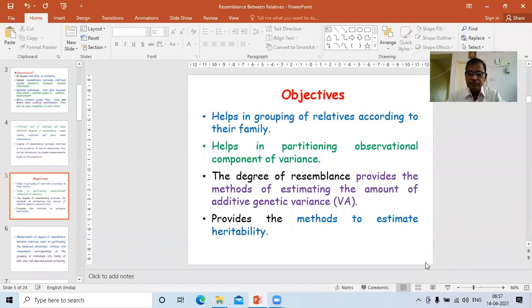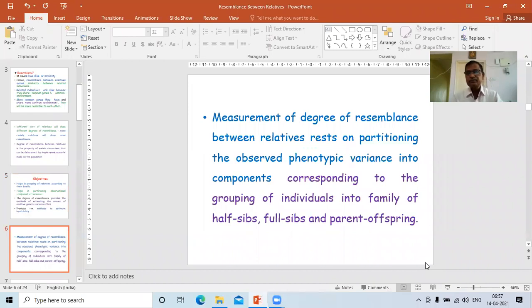So we have to separate out that VA from the total variance and estimate the heritability. So the degree of resemblance between relatives provides the methods of estimating the amount of additive genetic variance. This is the important part, and we are interested in this part. And as a result, it provides the methods to estimate the heritability. Ultimately, our objective is to estimate the heritability of the character.